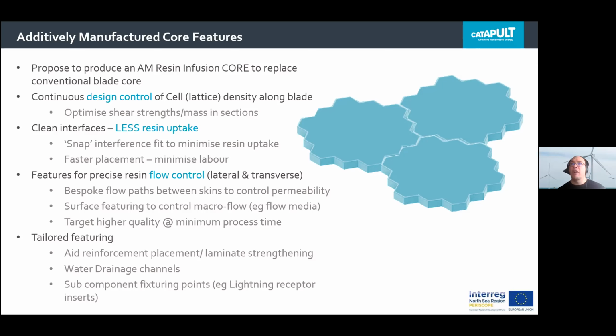But the other obvious advantage of having additively manufactured cores is the level of integration you can get with the rest of the composite structure and subcomponents you need to attach to the blade inner surfaces. So particularly around subcomponent fixturing points, water drainage channels, for instance, which are required, lightning receptors, but other practical things like placement aids and laminate strengthening.